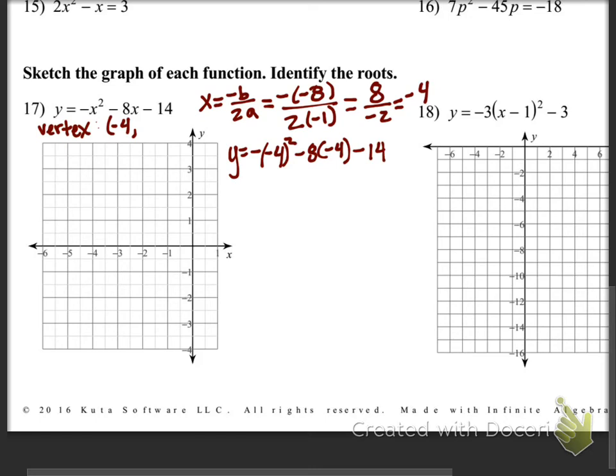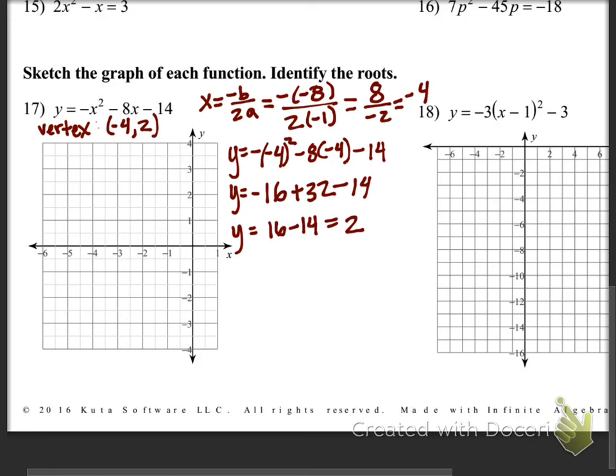Okay, and just solving that, doing the arithmetic here, y equals negative 4 squared is positive 16, so negative 16 plus 32, right? The negative times a negative gives me a positive, and then minus 14. Negative 16 plus 32 is a positive 16, minus 14, that just gives me 2. So the y-coordinate of my vertex is 2.